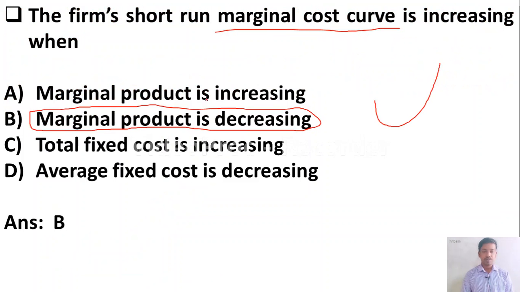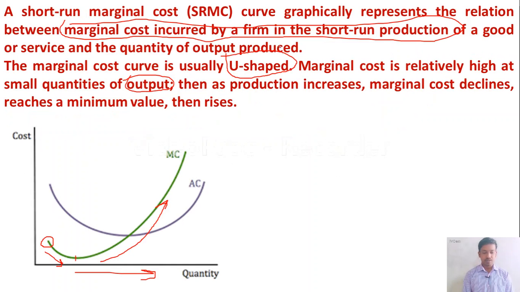In this way the firm's short run marginal cost curve is increasing when marginal product is decreasing. Marginal cost will start increasing after this minimum point, but here the marginal product will be decreasing.